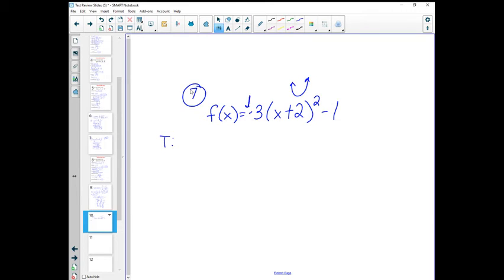The negative in the front tells us to reflect the function over the x-axis. The 3 in the front tells us that there is a vertical stretch by 3.